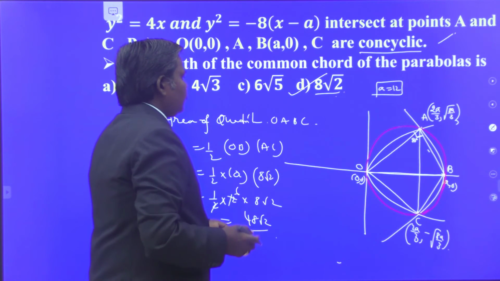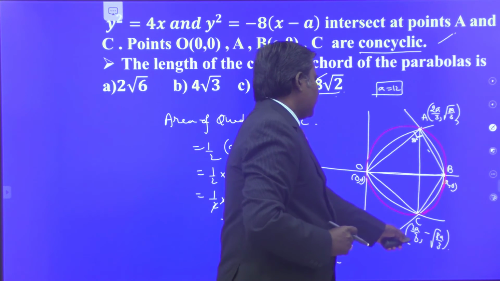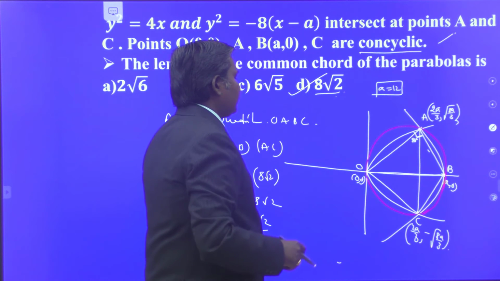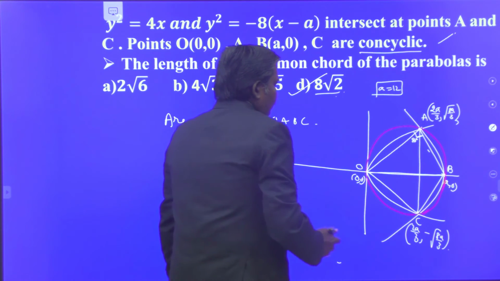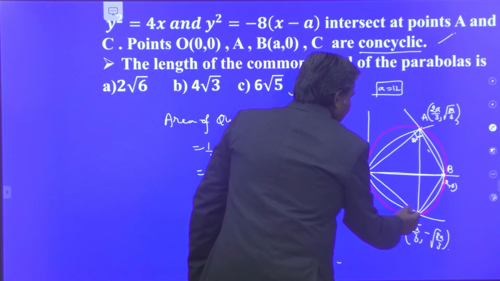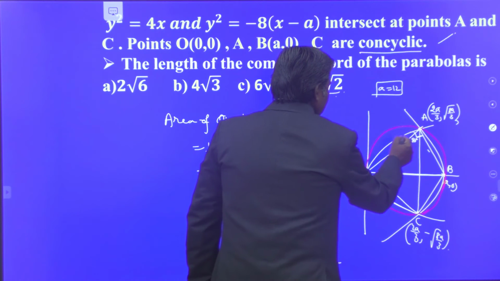And the points are what? 2a by root 3 comma root of 8a by 3, and 2a by root 3 comma minus root of 8a by 3. What they are doing? They have drawn the tangents at their points of intersection.